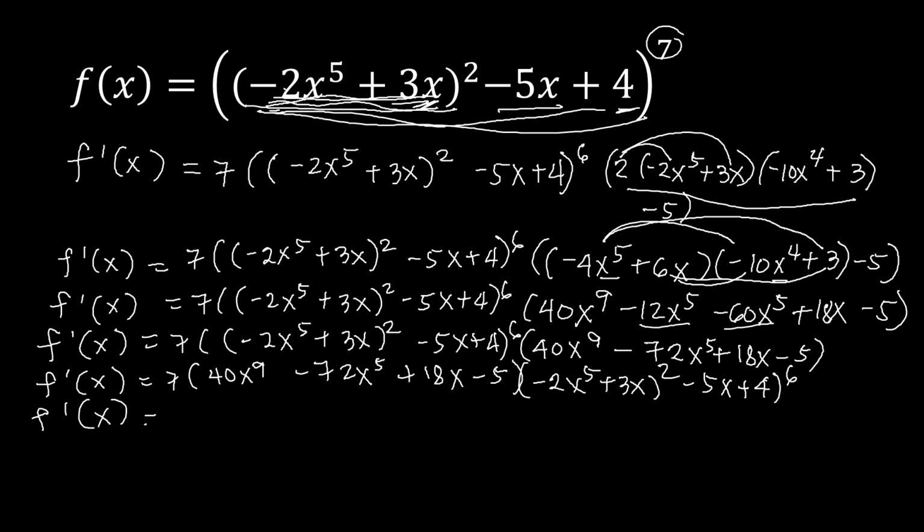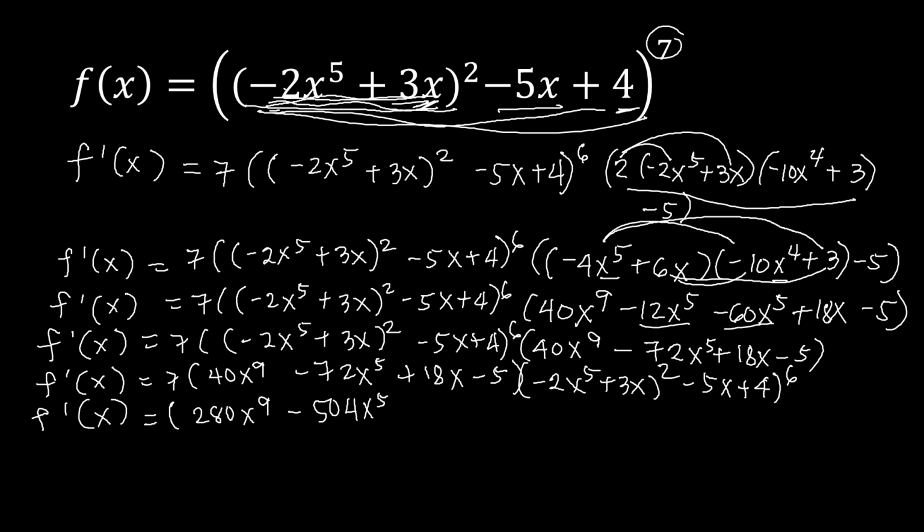That will be equal to 280 x to the power of 9. Then we do 7 times negative 72, and that's equal to 504. So we have minus 504 x to the power of 5.